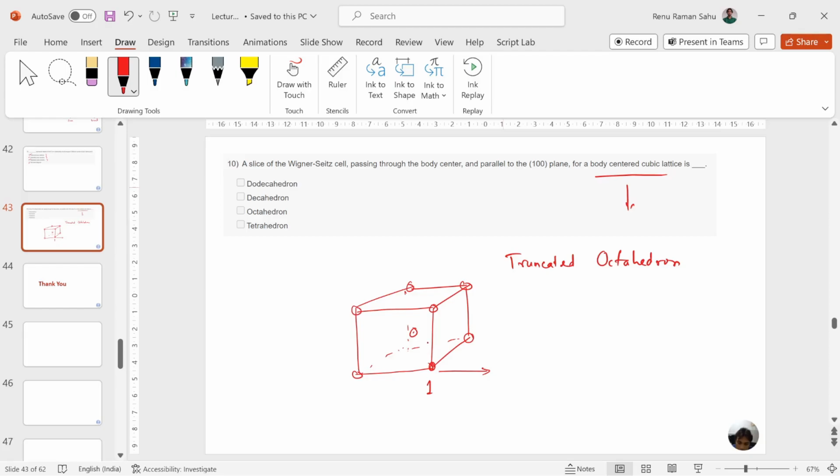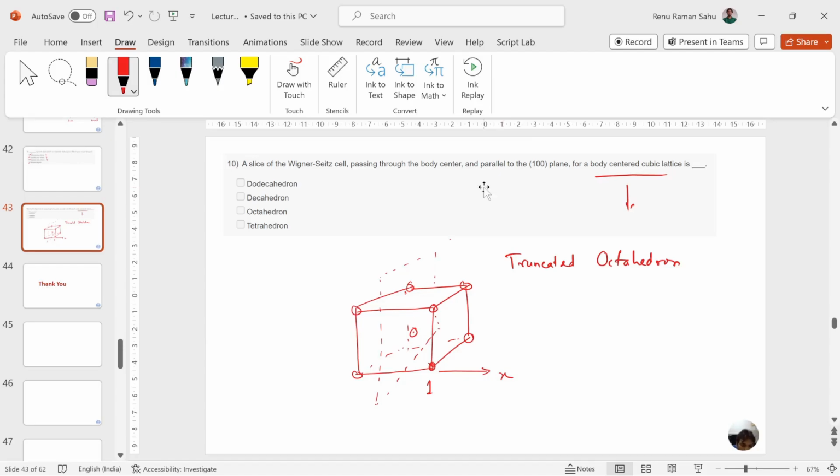So 100 is a plane which you have to slice through the center, like in half, you have to cut through the body center. It has to pass a plane which is perpendicular to the x-axis. So if this is the x-axis, you have to cut it through the body center like this.